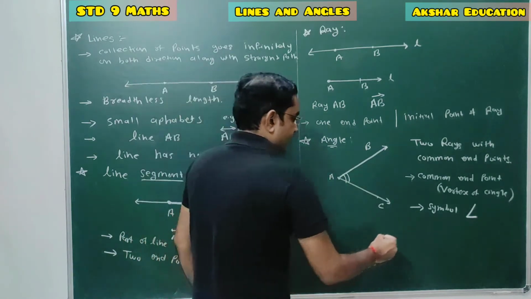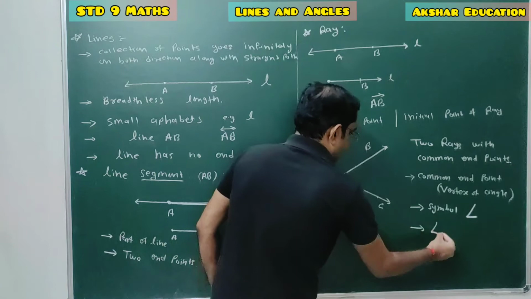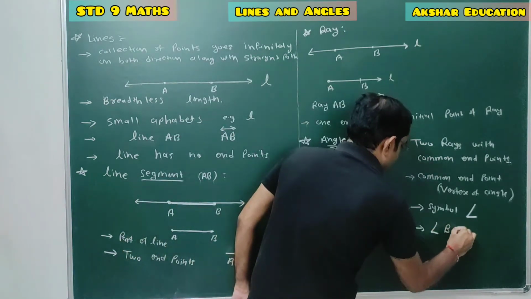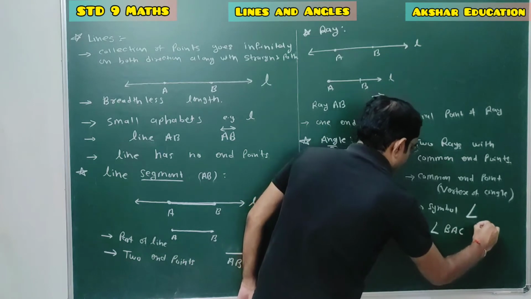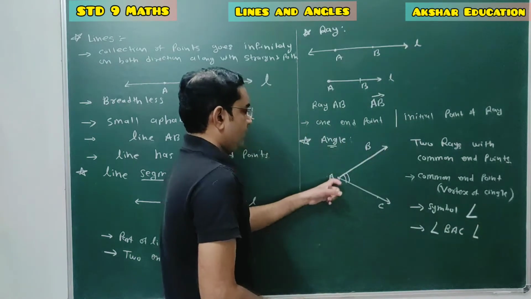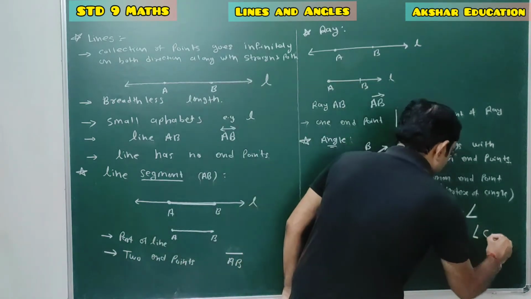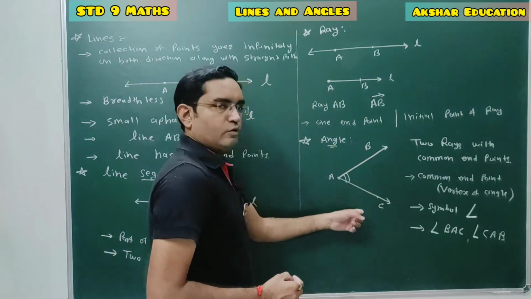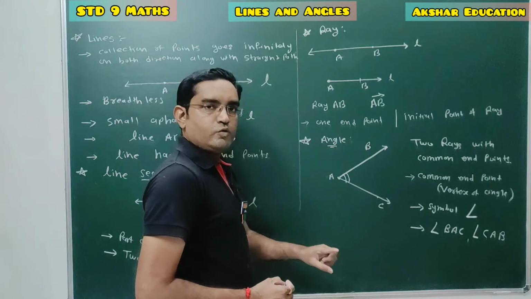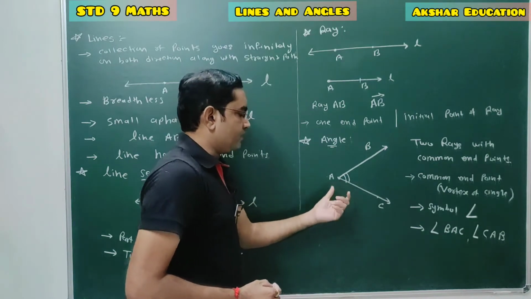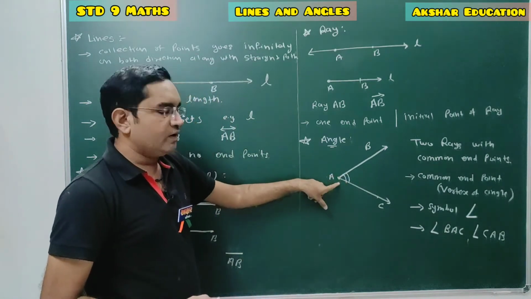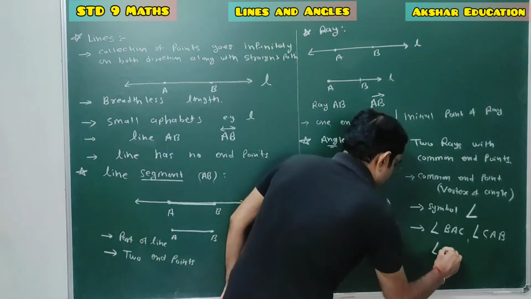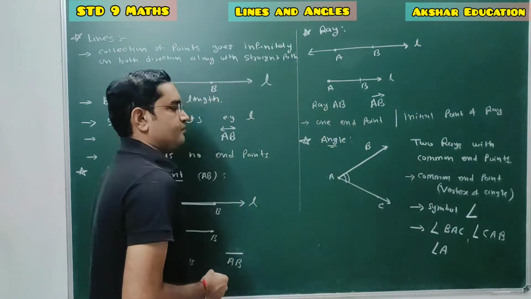So this is nothing but the angle BAC, or you can say it's the angle CAB. This is the first notation, using three alphabets. You can also use only one alphabet. Here the angle formed at the vertex A is known as angle A.